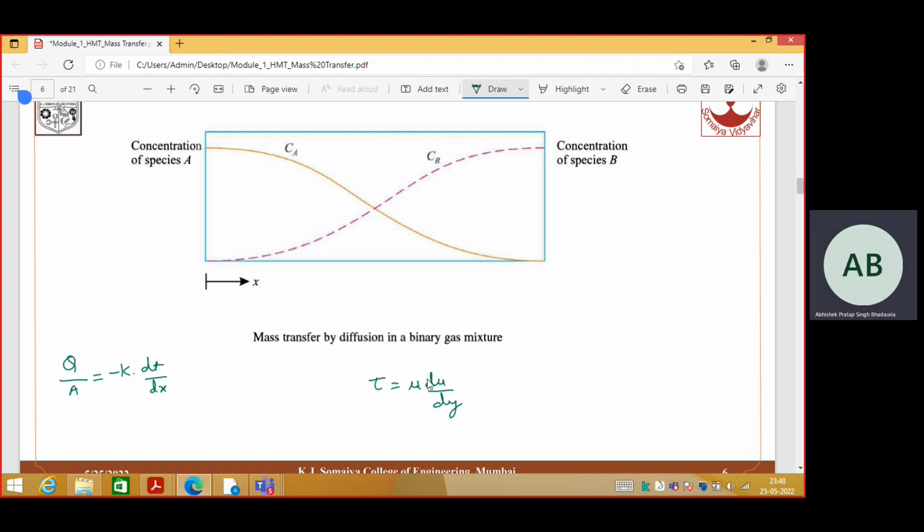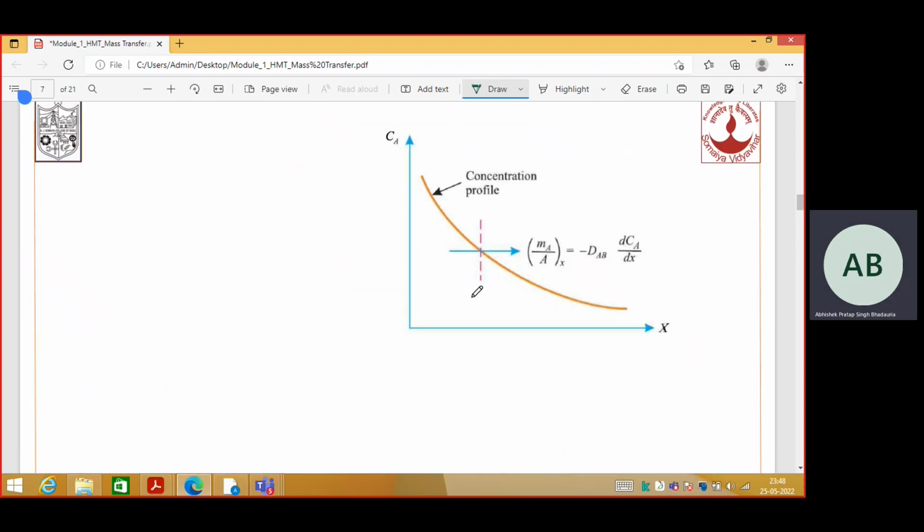So after comparing these equations, we can find that the Fourier equation describes the transport of heat energy due to temperature gradient. The shear equation describes the transport of momentum due to the velocity gradient, while Fick's law describes the mass transport due to the concentration gradient.